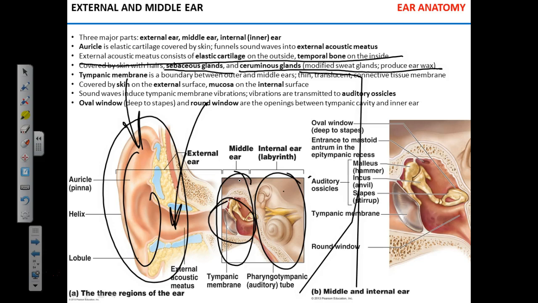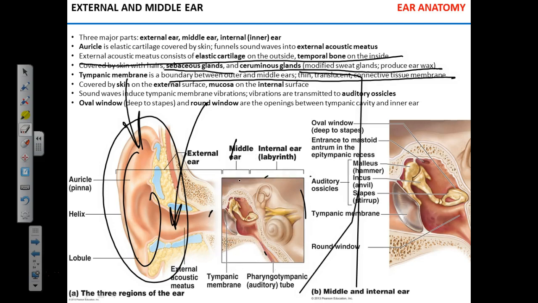Okay, so that tympanic membrane right here is the transparent membrane that forms essentially a boundary between the middle and outer ear. The membrane consists of connective tissue, and its function is to convey the air vibration, which is sound, that comes through the external acoustic meatus to the structures of the middle ear.